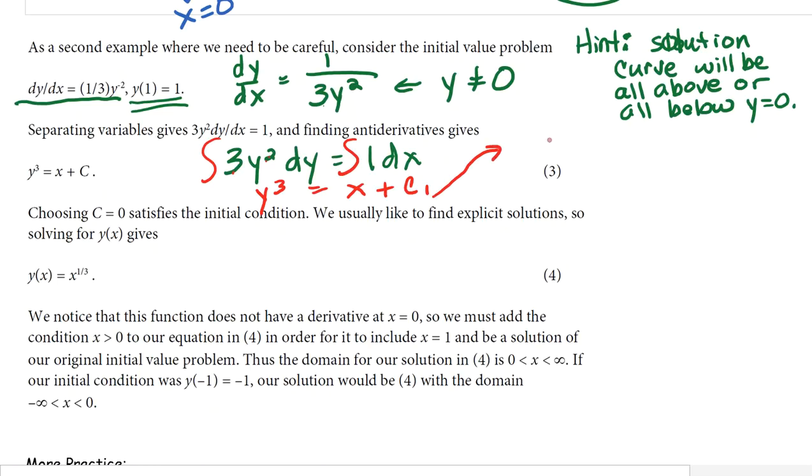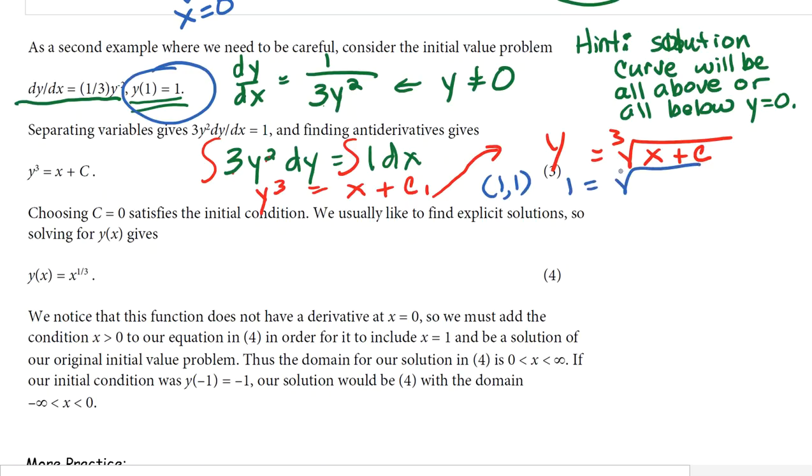And then when we solve for y, when we take the cube root, we would get the cube root of x plus our constant. And then we've got an initial value, so we know the point 1, 1 is given as a solution point up here. So we can use that to find our value of c.